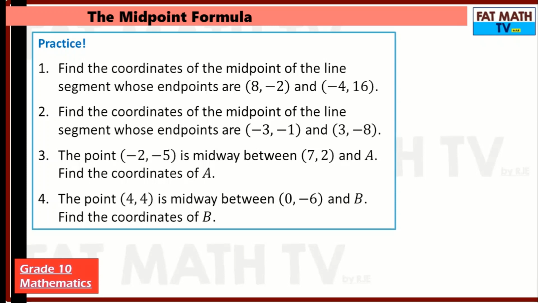Okay, so we have 4 items here. Find the coordinates of the midpoint of the line segment whose endpoints are given for 1, 2, and 3. For number 1, 8, negative 2, and negative 4, 16. For number 2, negative 3, negative 1, and 3, negative 8. And then for number 3 and number 4, you're given one endpoint of a line segment and the midpoint, and you're asked for the other endpoint.